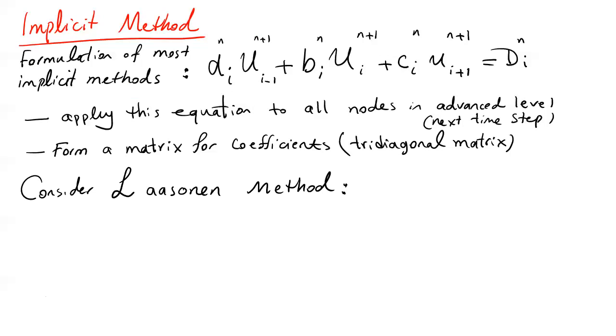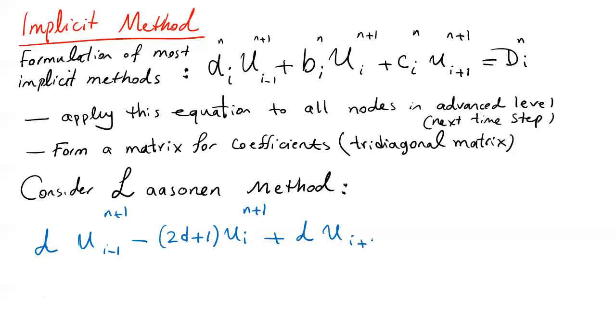Now, if you look at the equation that we went through before, for the Laasonen method, we have D, and remember D was thermal diffusivity or kinematic viscosity, depending on if it's heat transfer or fluid mechanics, times delta t divided by delta y squared, right? That's the D, times U(i-1) at time step n+1, minus (2D+1) U(i) at n+1, plus D U(i+1) at n+1, equal to minus U(i) at n.